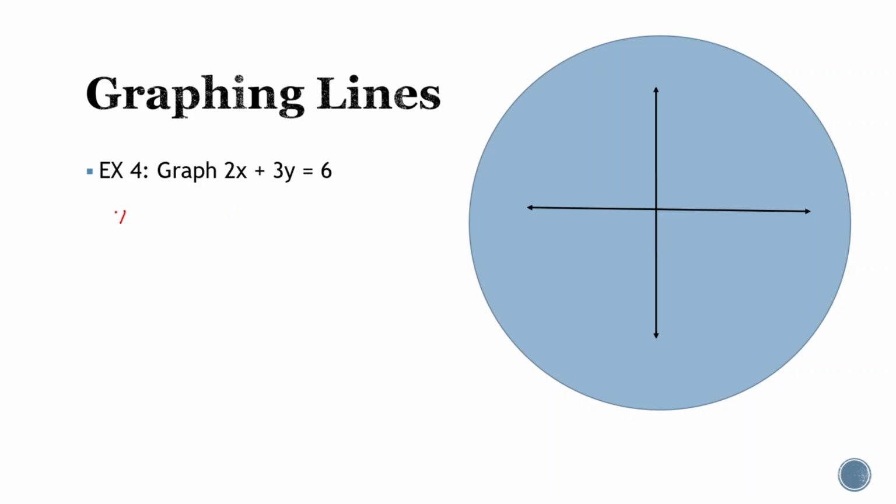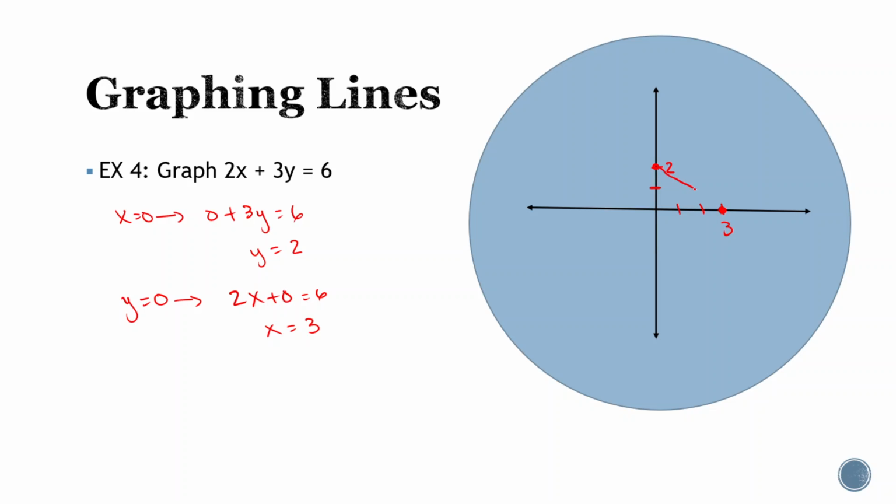So I'm going to just do it this way and say x is 0 would give me y equals 2. So I plot the point 0, 2. And then I'm going to let y equal 0. So that'll give me 2x plus 0 equals 6. So x will be 3. So I have a point at 3, 0.